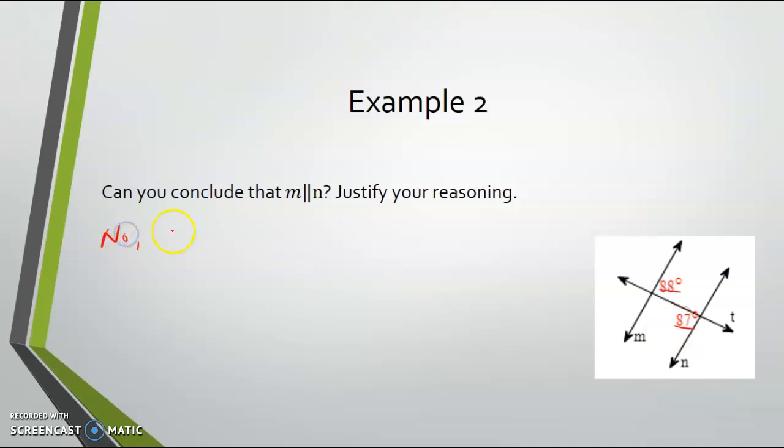The answer is no. Justification is because alternate interior angles are not congruent. It's as simple as that. I justified my answer. Justify means basically giving a reason why you know they're not congruent or why you know they're not parallel.